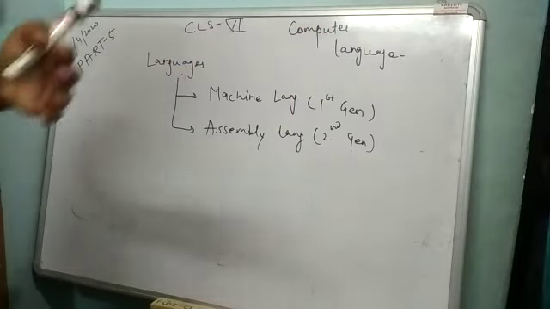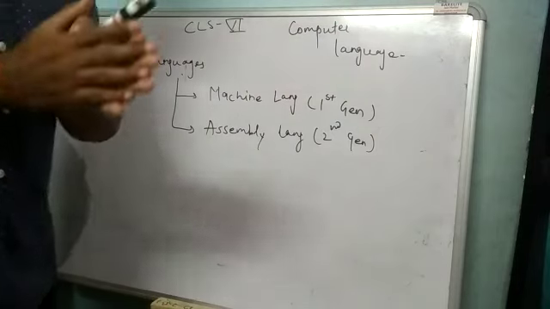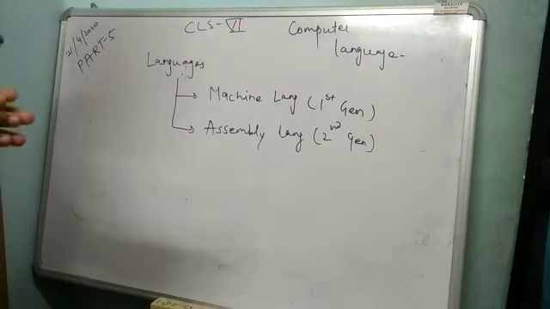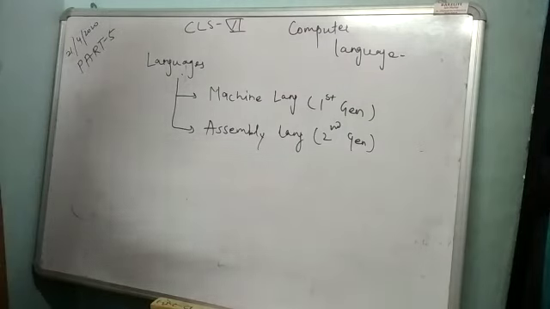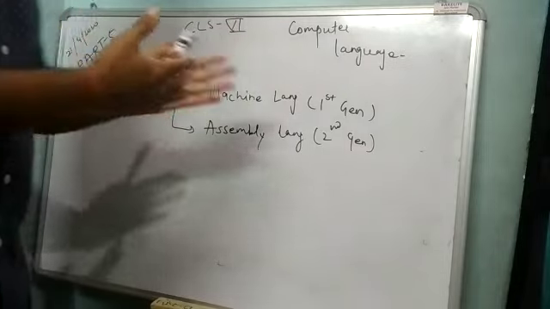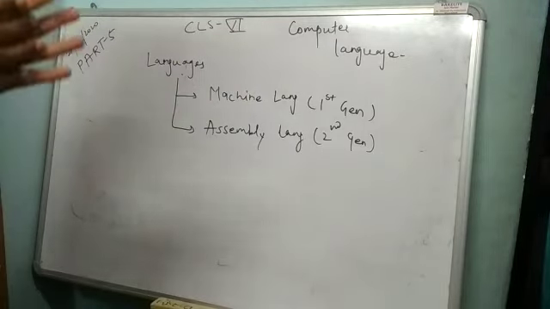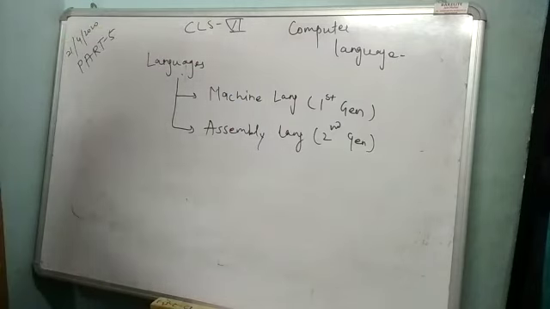Okay students, in the previous videos, we have gone through all the classifications of computers on the basis of functionalities and on the basis of their sizes. In the previous video we finished with mainframe computers and supercomputers.